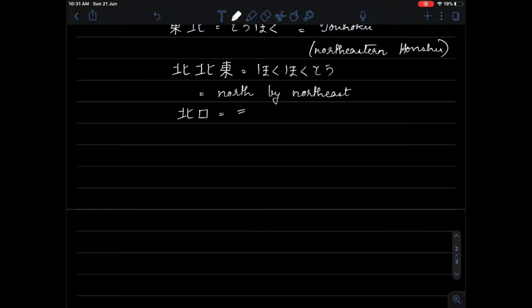This will be read as Kitaguchi, which means north exit. These are some of the signboards that you will see in railway stations most commonly, and maybe even in some other larger installations, maybe something like a stadium where you need multiple entries and exits to let in a large number of crowds.